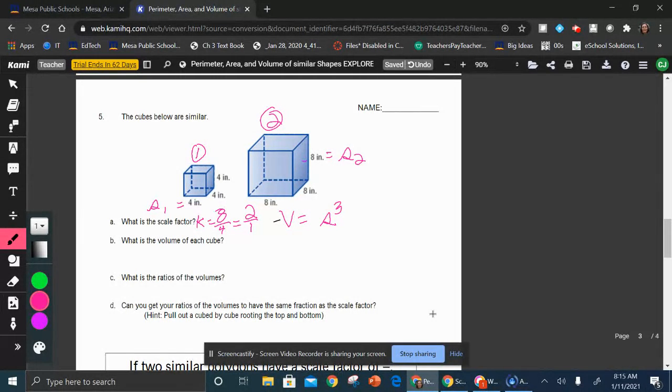So volume 1 is equal to side cubed. So 4 cubed. You need to raise it to the cube. And we get 64.